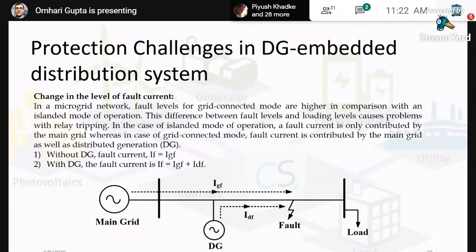Now, if this DG has been installed, the fault current will obviously increase, because there will be some contribution from the DG as well. So without DG, the fault current was IGF, and with DG, the fault current will be IGF plus IDF. So the fault level has increased.